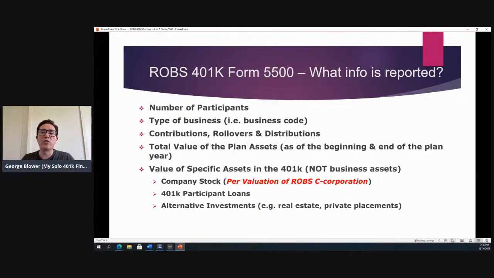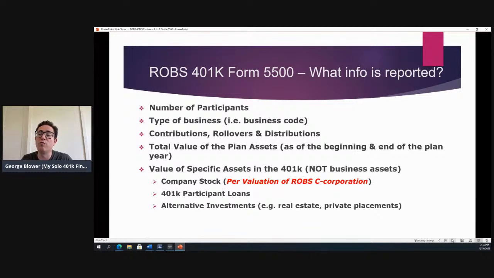So now let's turn to what information is reported on that 5500. You're going to have things such as the number of participants, the type of business. You have to enter a business code, and the codes are available in the 5500 instructions. You've got to list contributions, so money that's contributed.